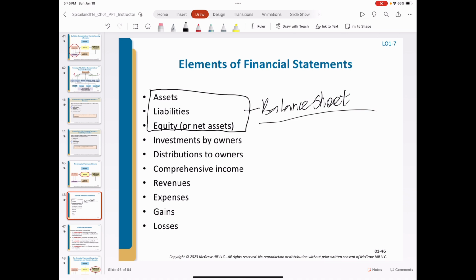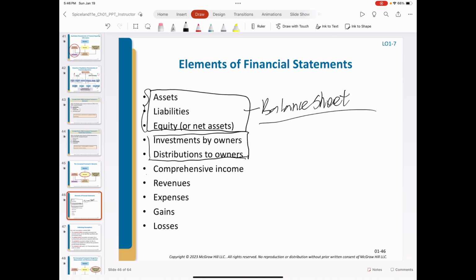Investment by owners and distribution to owners, these two are for the other types of business, like sole proprietorship or partnership. This one is commonly used for corporations.